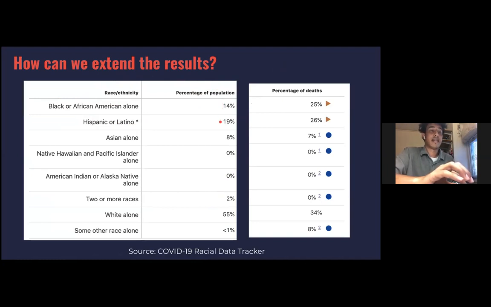And this is data from New York State, so these are their populations in New York State. But they actually make up more than 50% of all total COVID deaths, despite making up much less than 50% of the total population.